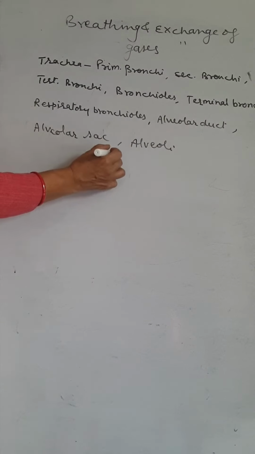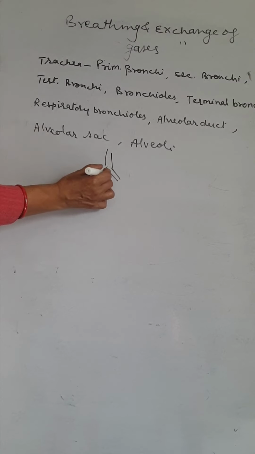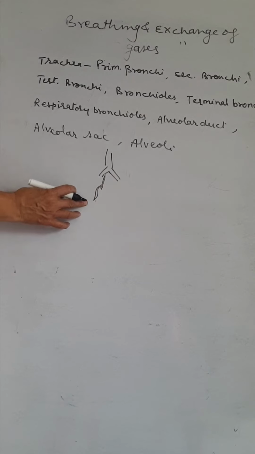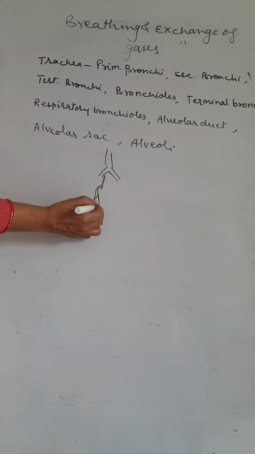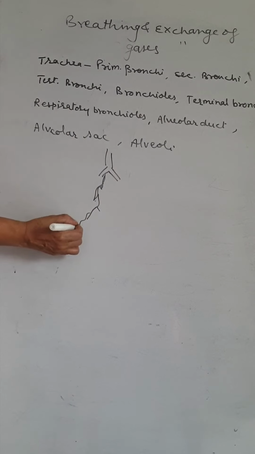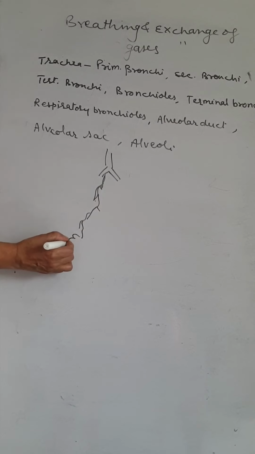So the trachea further divides into bronchi, secondary bronchi, tertiary bronchi, bronchioles, terminal bronchioles, respiratory bronchioles, alveolar duct, and then the alveolar sac.